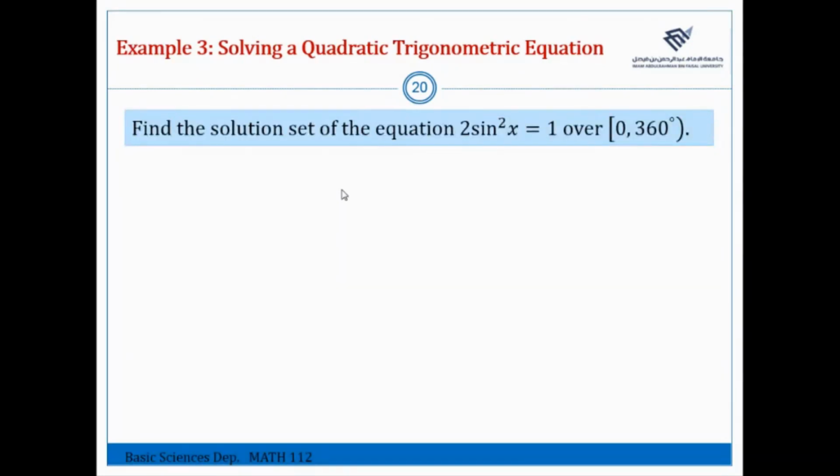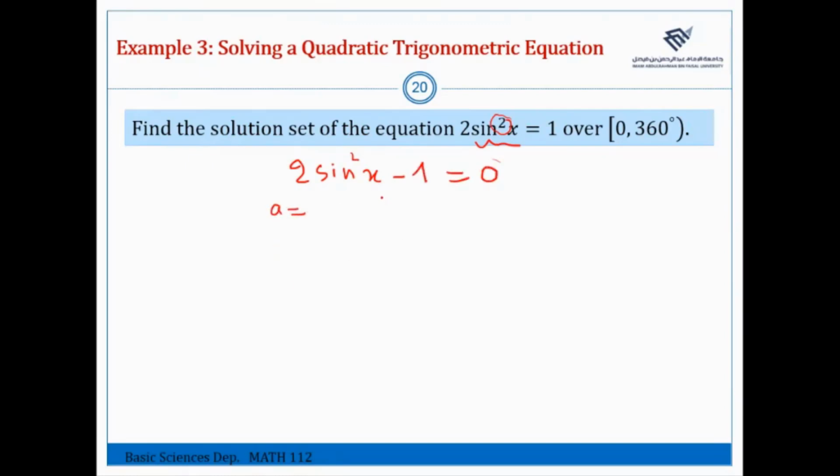If you look, here we have only sine, but it is sine square. So this is an equation of degree 2. And for degree 2 we will use the discriminant, because we write it all equal to 0 and use the ABC formula. Okay? So 2 sin square x minus 1 equals 0.